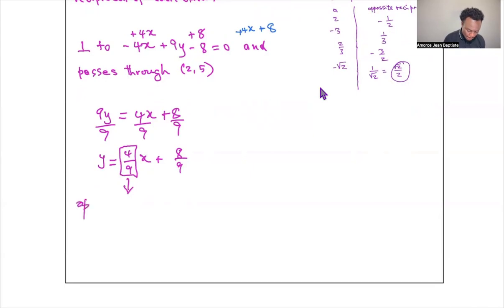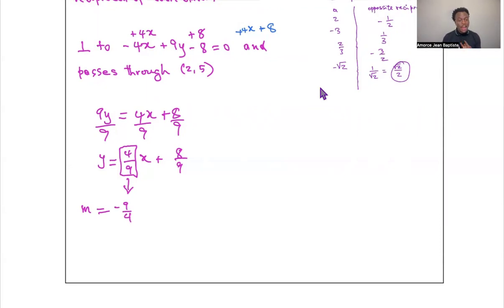Opposite reciprocal of this one would be what? Would be negative. So the slope I'm using here is -9/4, which is the slope of any line perpendicular to the one that was given to me.